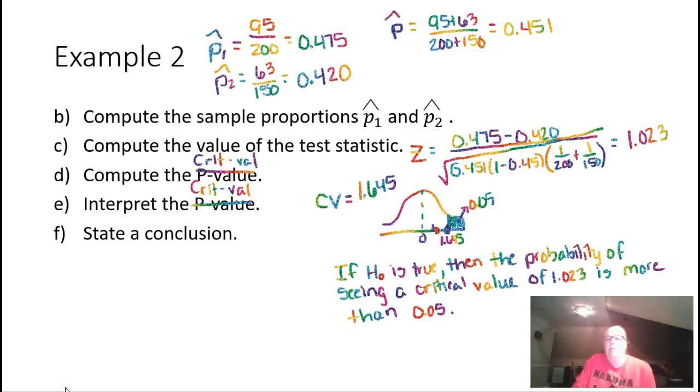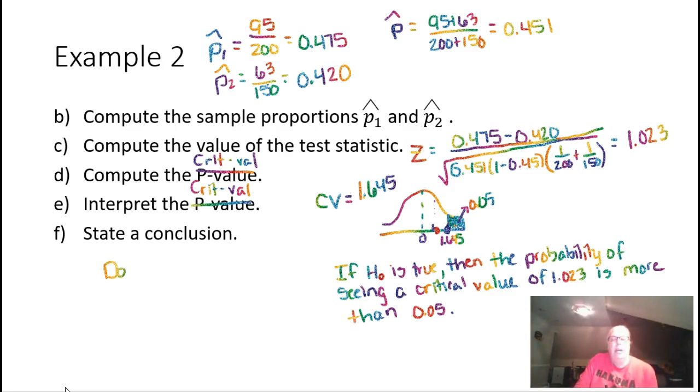And this, my z value, does not fall inside the shaded region to the right. This probability, if from here out is 0.05, this would add more to that probability. So we know that the probability of getting a test statistic of 1.023 is going to be greater than 0.05.